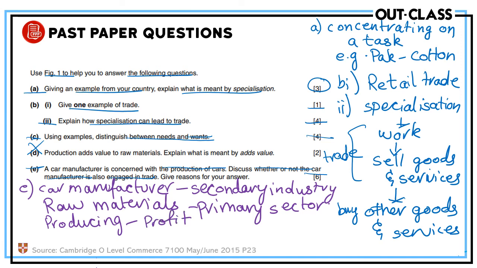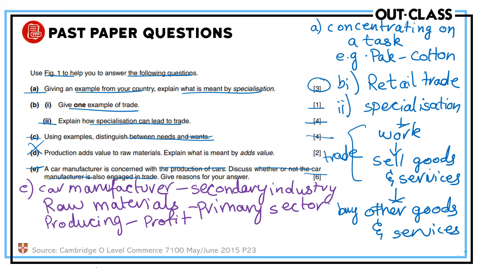And he can also sell to other countries, in hometown or abroad. So we know that trade is basically buying and selling for profit.